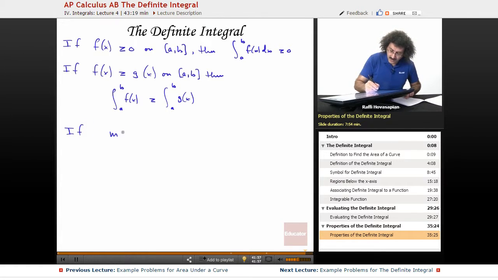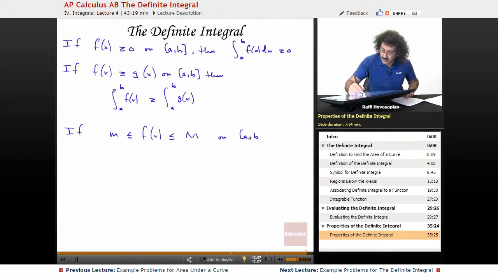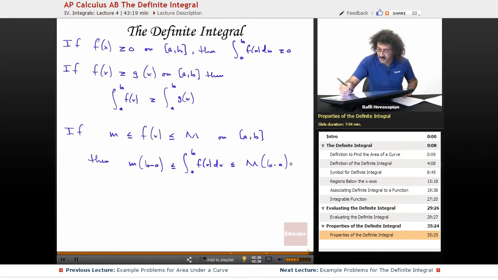If m is less than or equal to f of x less than or equal to capital M on ab, then m times b minus a is less than or equal to the integral from a to b of f of x dx, which is less than or equal to capital M times b minus a.